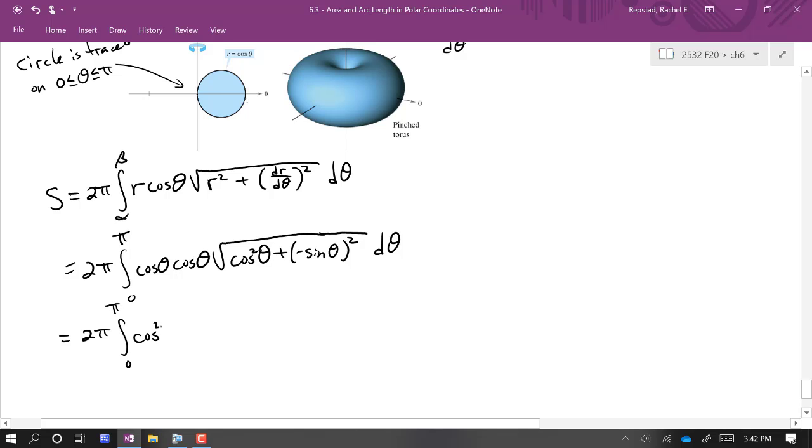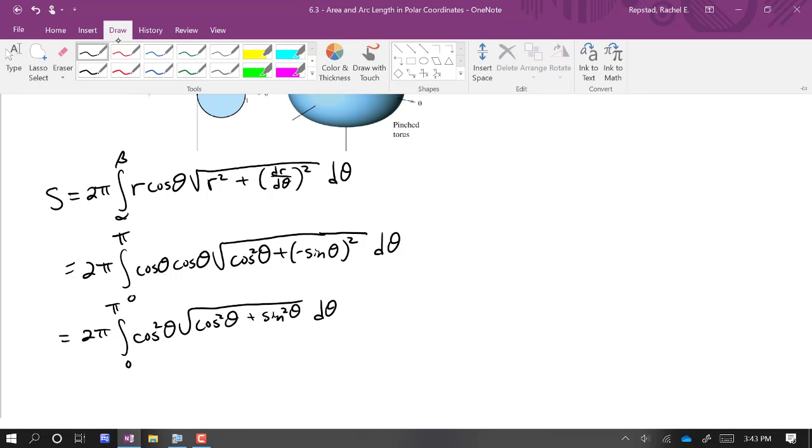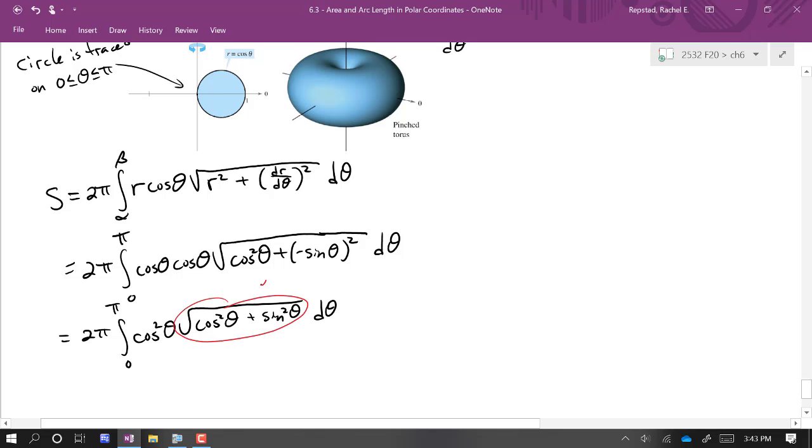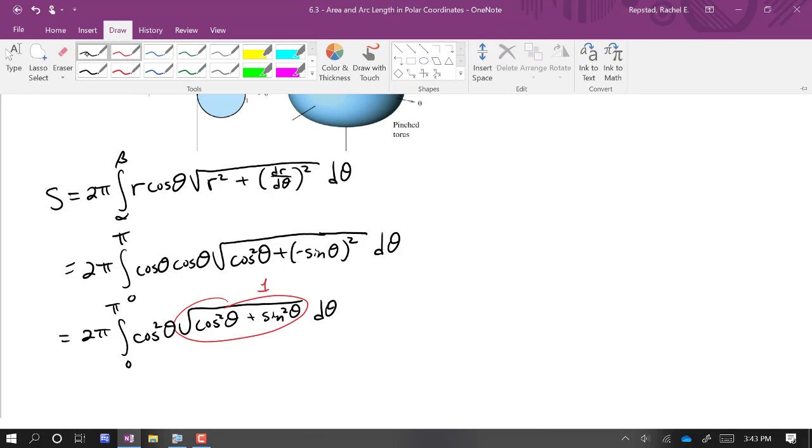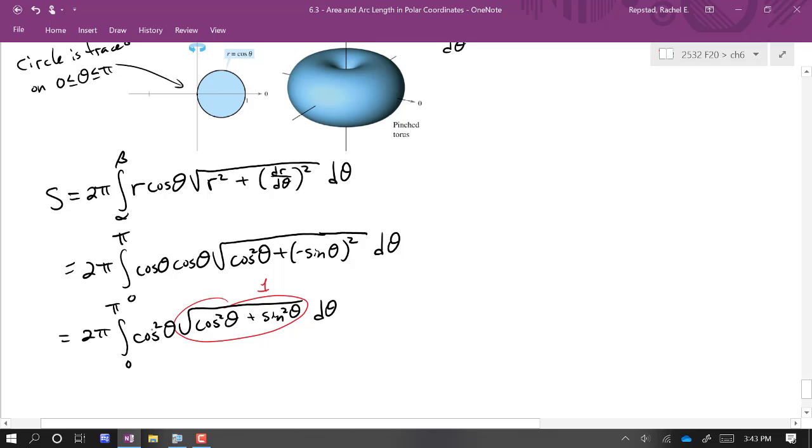So we have cosine squared theta times the square root of cosine squared theta plus sine squared theta. And, you know, I think we all see what's coming here. Cosine squared theta plus sine squared theta, that's 1, and the square root of 1 is 1. Right, this whole thing here, that's just a factor of 1. So we're going to just integrate cosine squared theta.